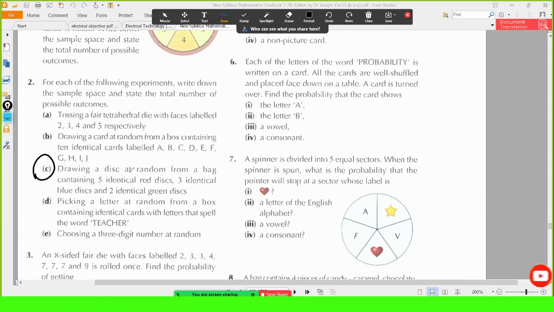In this case, drawing a disc at random from a bag containing 5 identical red discs, 3 identical blue discs, and 2 identical green discs.